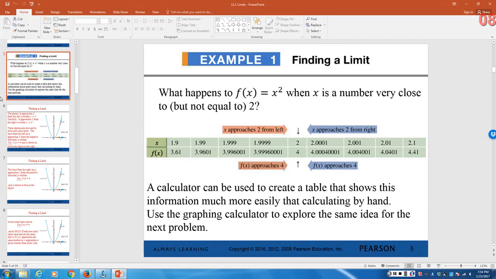I'm 1/10,000th away from 2. 2 is getting uncomfortable. Okay? If you square 1.9999, you get 3.99996000001. Okay?